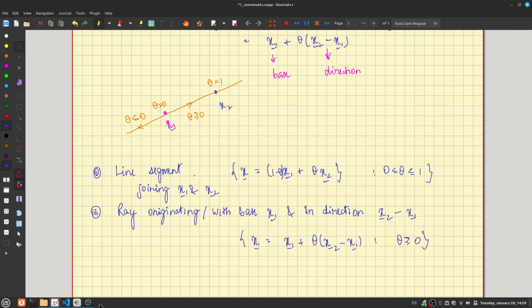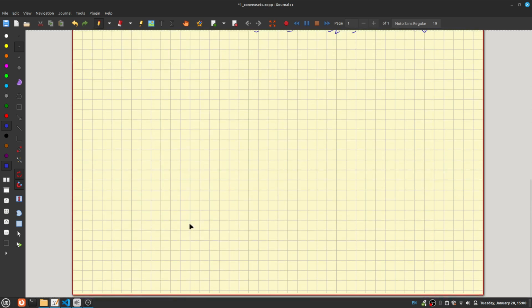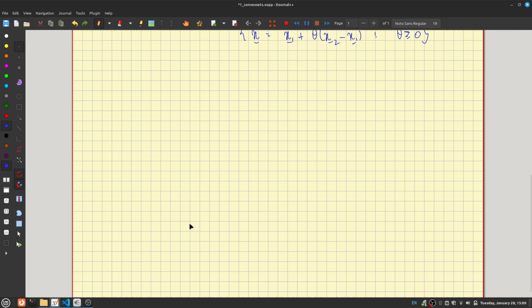Okay, so why am I going through all of this difficulty in defining what a line and a line segment is? Because we want to characterize certain classes of sets. After all, in the end, we want to define what it means to be a convex set.